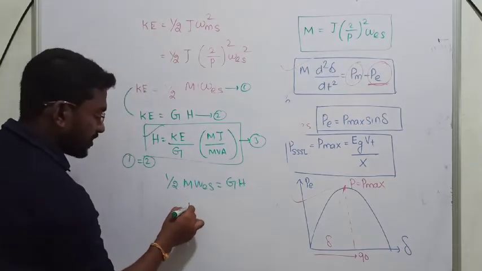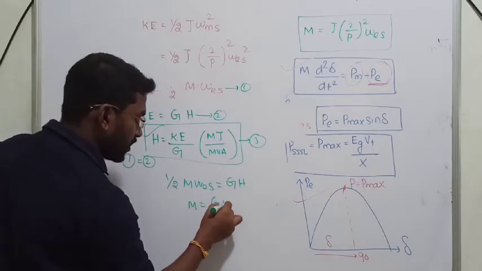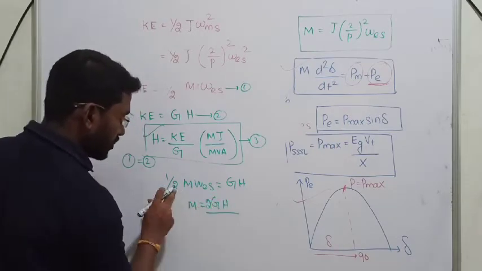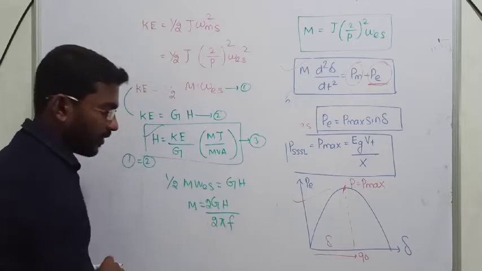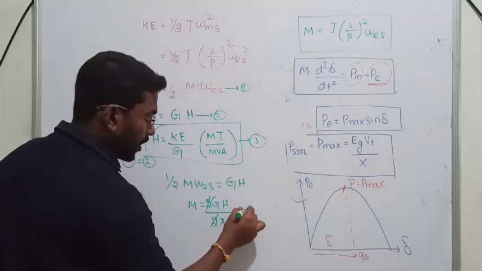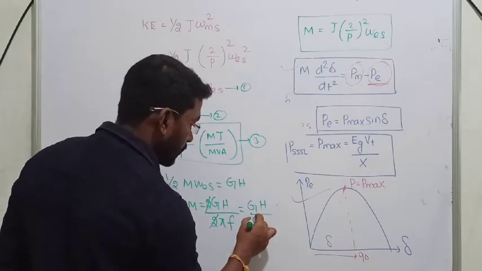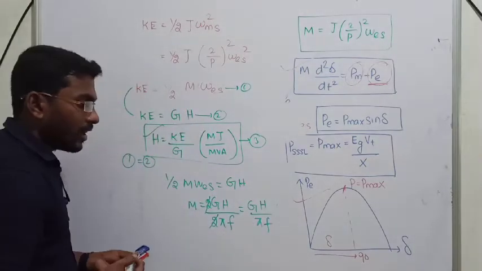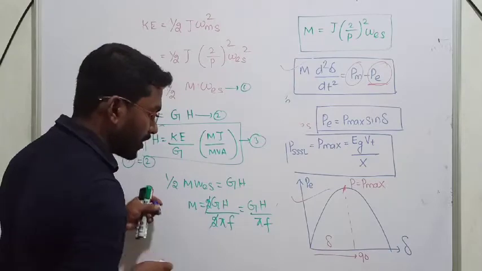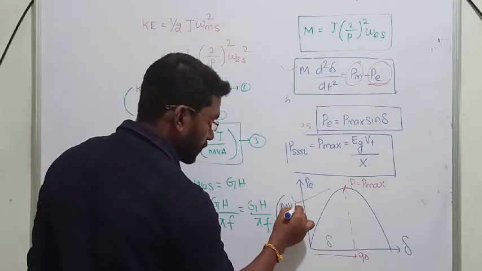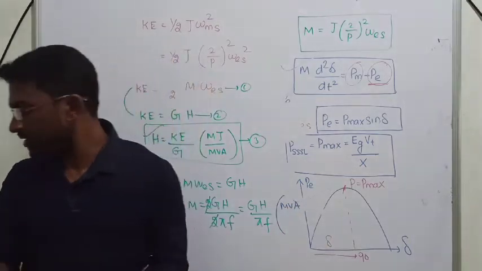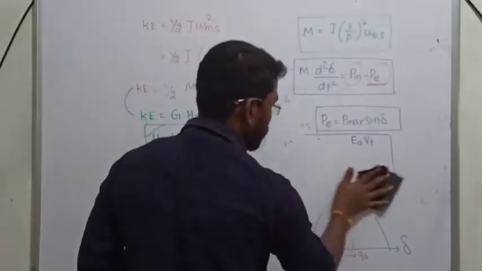From this, the inertia constant M can be written as GH, the 2 will go there, and omega can be replaced electrically by 2 pi f. Now the 2 gets cancelled out, and it becomes GH divided by pi into f. Okay, let me define the units. Guys, listen. Just now we saw, what is the unit of G? MVA, right? The unit of G is MVA. What about the rest?